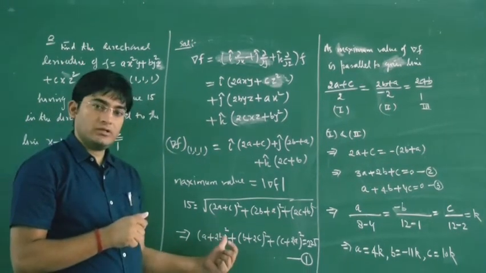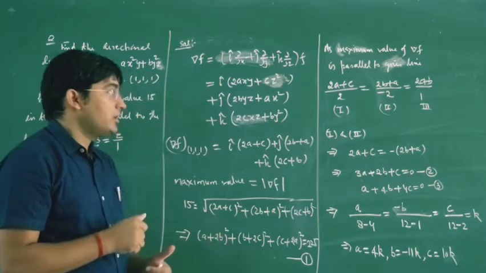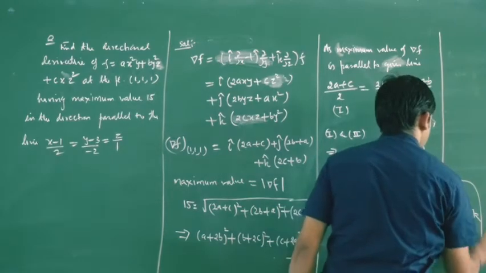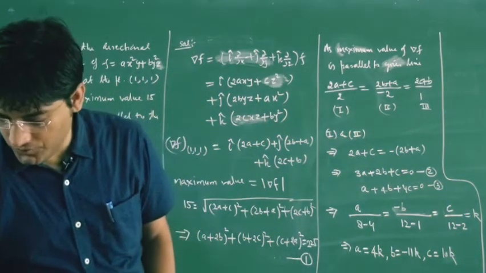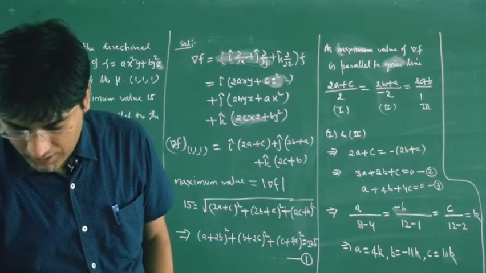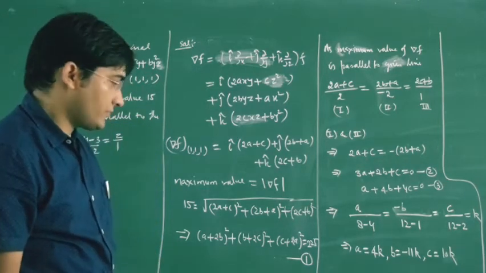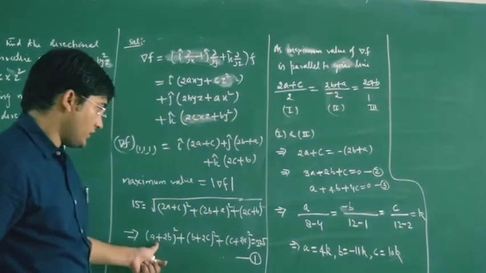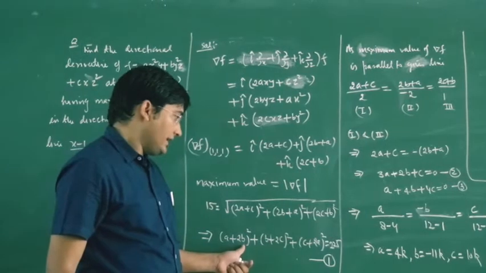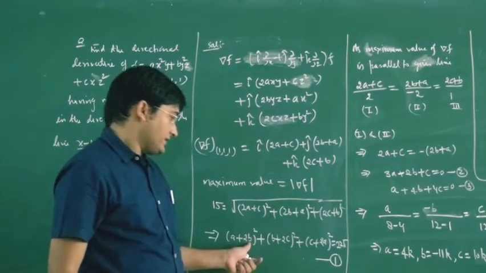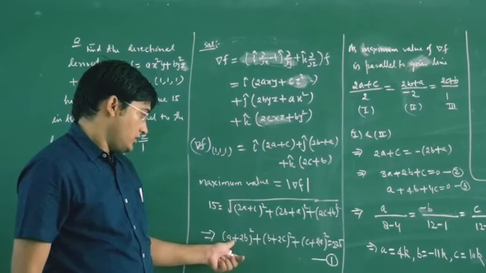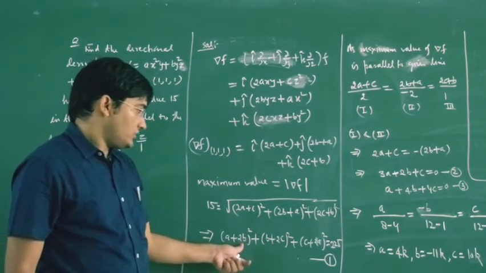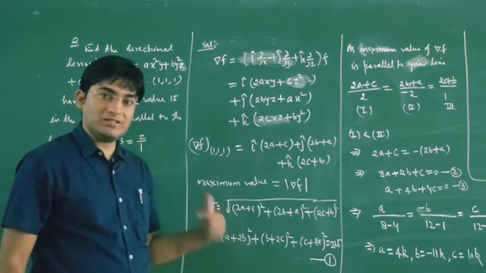Now let us put this a, b, c in equation number 1. If you put a equal to 4k and b equal to minus 11k, this is your 4k, then we will have minus 22k. So this will be 4k minus 22k, that means minus 18k.